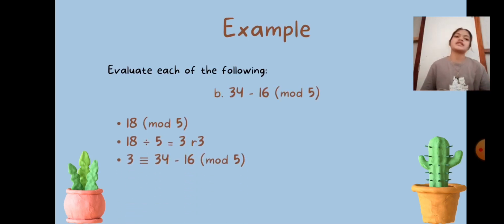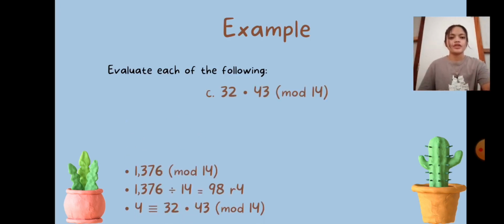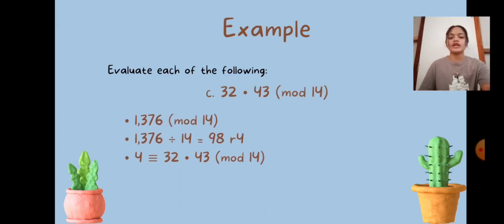Another, 34 minus 16 mod 5. So, we have 18 mod 5. 18 divided by 5, we get 3 as the quotient, then 3 ang remainder. So, ang 3 is congruent to 34 minus 16 mod 5. Another, 32 times 43 mod 14.